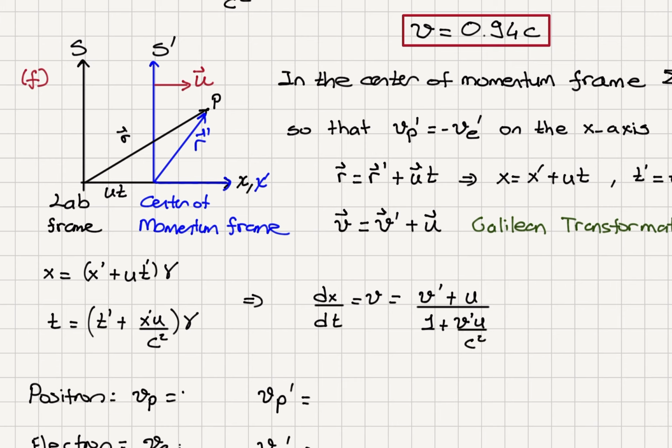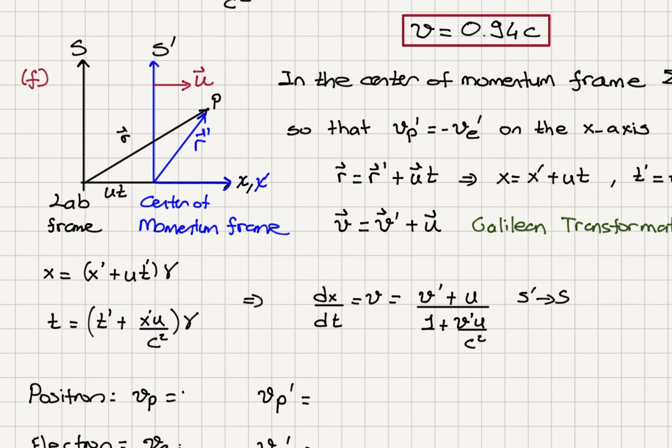So we're looking at dx, which is dx prime plus u dt prime times gamma, and then we take dt prime out as a factor. We get dx prime divided by dt prime, which gives us v prime, and the second term gives us u, and we have a factor of gamma here, and because we're dividing this by the dt equation, the gammas will cancel. In dt, taking dt prime out, we get 1, and for dx prime/dt prime we have v prime, so v prime u over c squared. So that's the correct transformation from the S prime reference frame to the S reference frame.